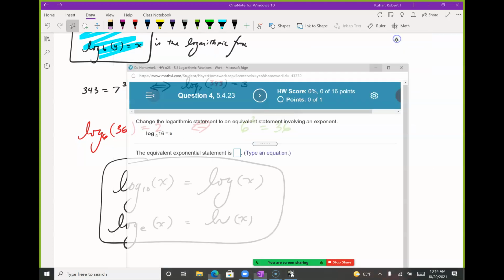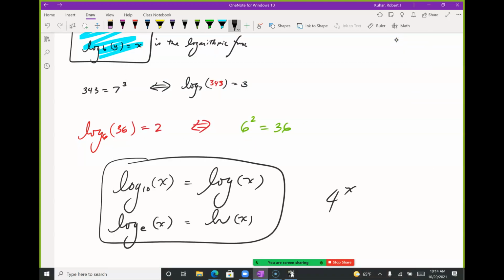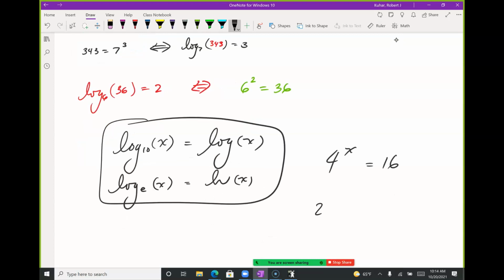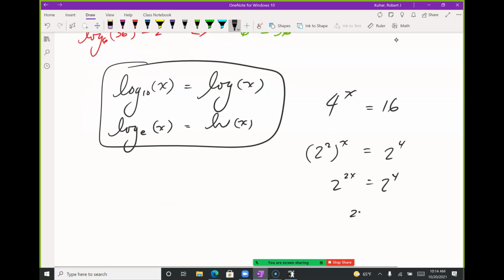Okay. So now we're back to where we were before. 4 to the x is 16. We know the answer is 2, but I'm going, okay, this is 2 squared to the x, and this is 2 to the 4th. And so I get 2 to the 2x equals 2 to the 4th. So I know 2x is 4 or x is 2. Now that one, couldn't I just answer right away?